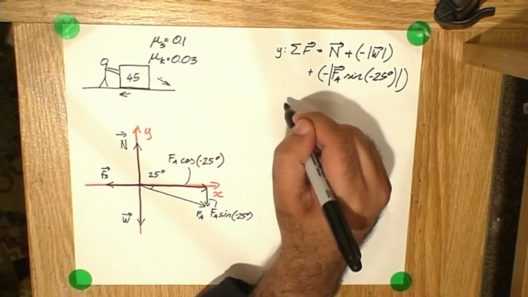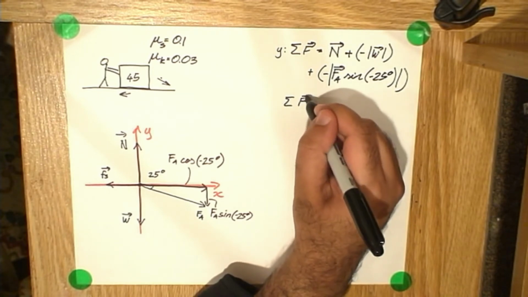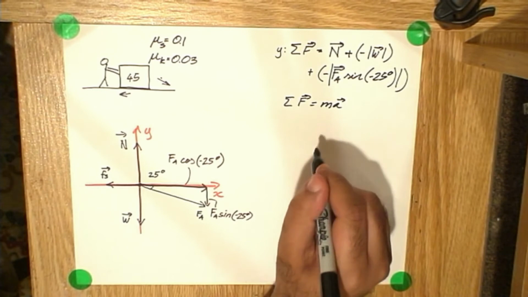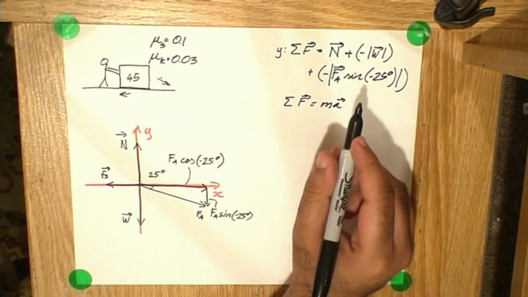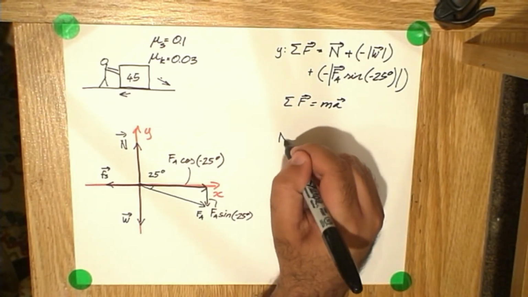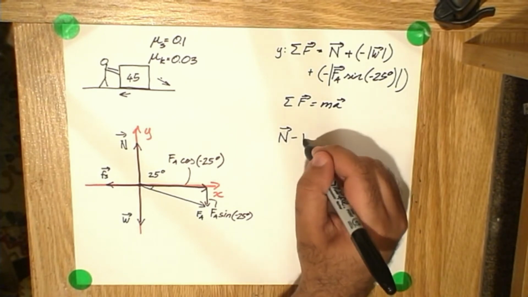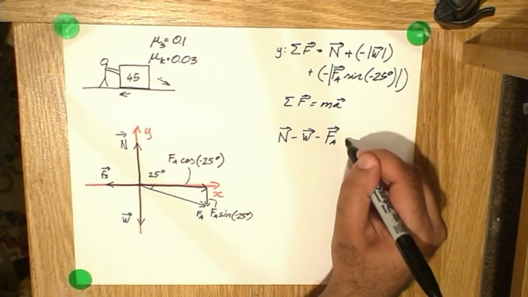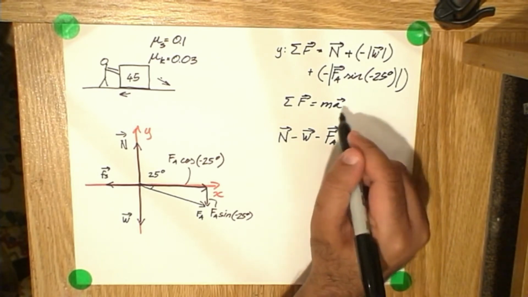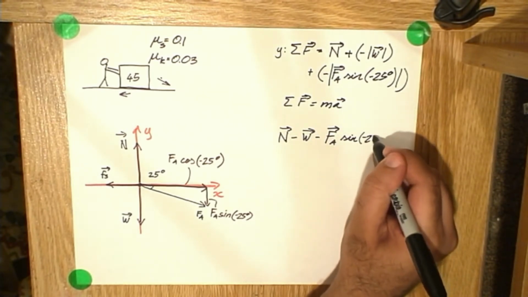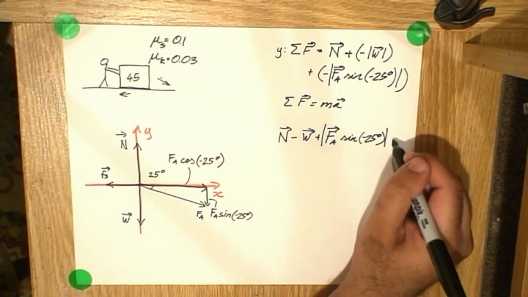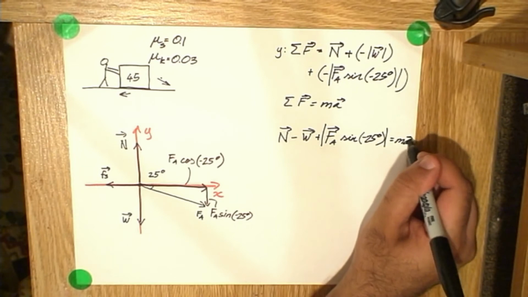And all of that is going to be equal to ma according to Newton's second law. So simplifying and combining these, we get normal minus weight minus the applied force sine negative 25 degrees is equal to mass times acceleration.